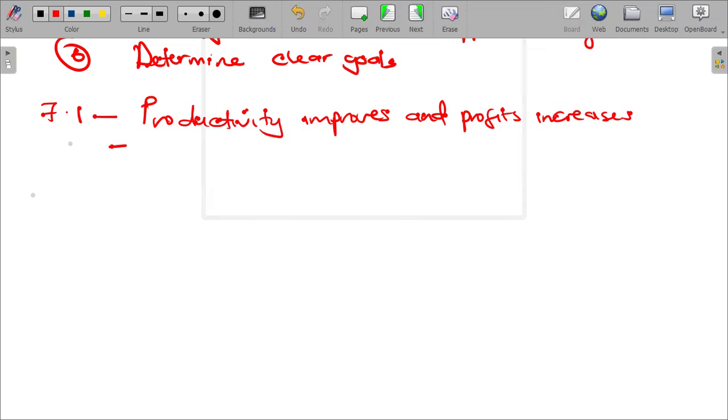When there is cooperation and teamwork, absenteeism is reduced.